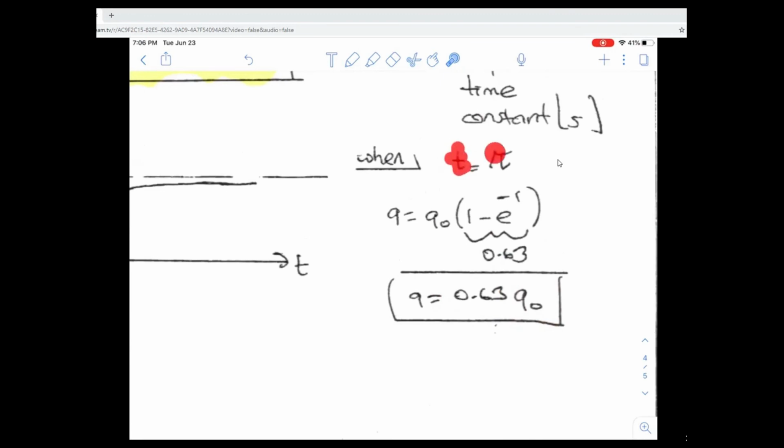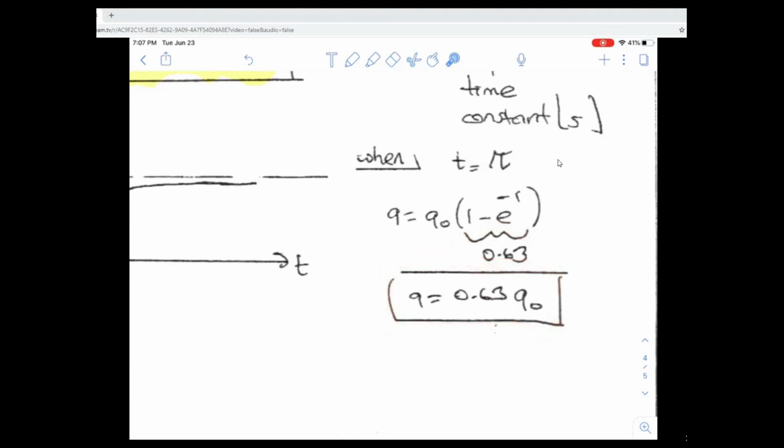When you equate t to tau, to the capacitive time constant, it's going to give you 63%. That's the book definition, and I have to give it to you because this is what most of your professors will use, and then I'm going to jump into the real physics of it. The book definition says this is the amount of time it takes for a capacitor to charge up to 63% of its maximum value.